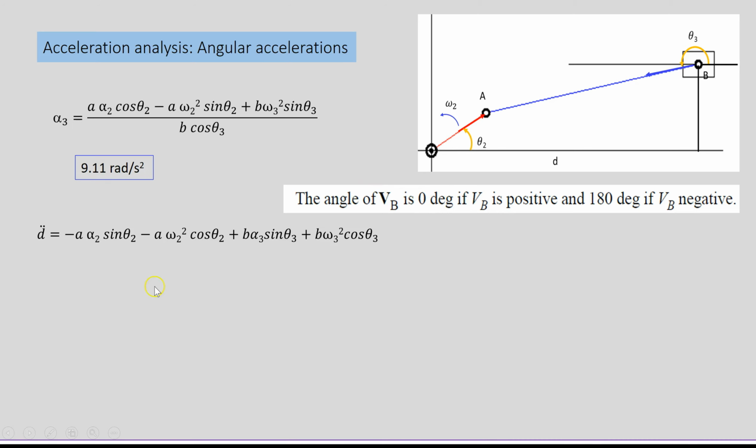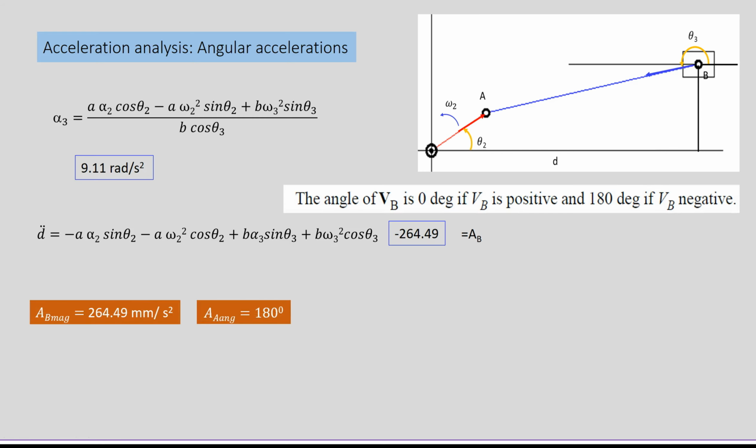Remembering this equation, when we calculate d double prime, we get this value, which we can directly say is the linear acceleration of pin joint B. So the angle should be 180 degrees because we found it's negative, and the magnitude of the linear acceleration of pin joint B should be the absolute value of d double prime, which is 264.49 millimeter per second square, which is our other answer.